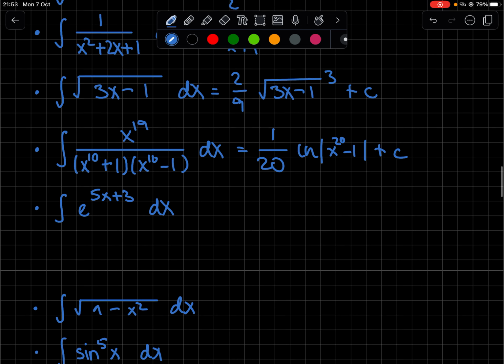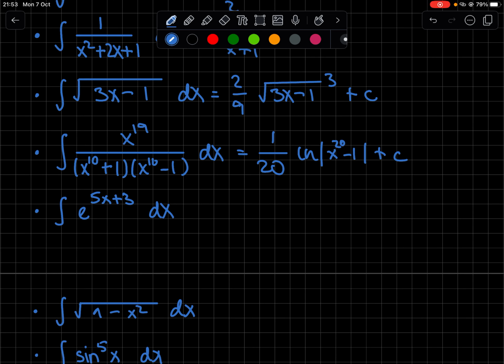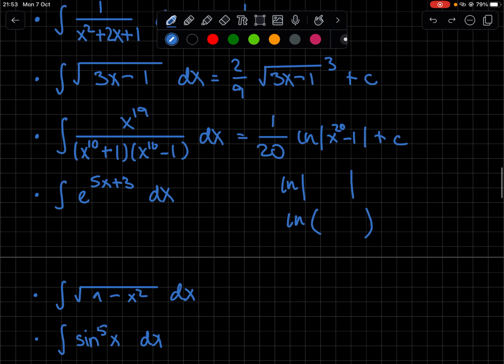Yeah, sometimes when you have an ln of an absolute value, you can just write it as ln with brackets if whatever you have here is always positive. Right? But in this case, it isn't always positive, so we have to keep the absolute values.